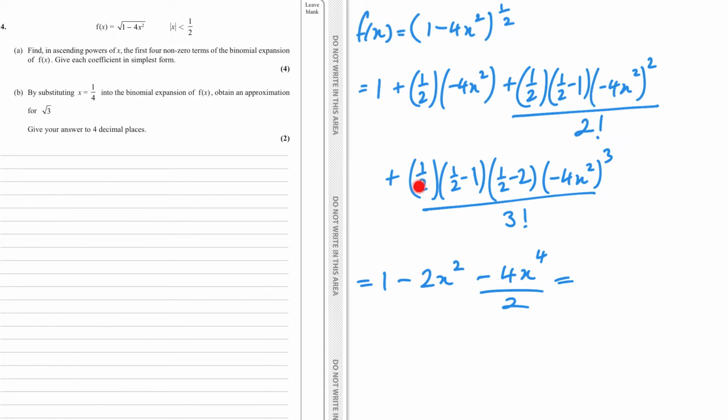Now we've got half times minus a half times minus 3 over 2. And that's 3 over 8. Minus 4 cubed is minus 64. So 3 over 8 times minus 64 will be minus 24 x to the power 6 over 3 factorial, which is 3 times 2 times 1. So finally I get 1 minus 2x squared minus 2x to the power 4 minus 4x to the power 6.